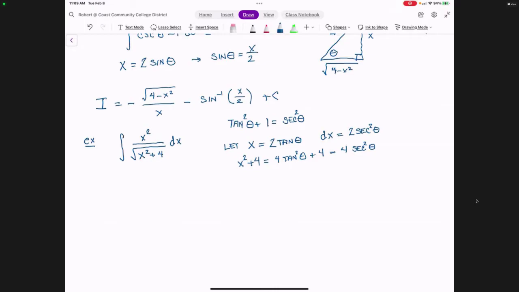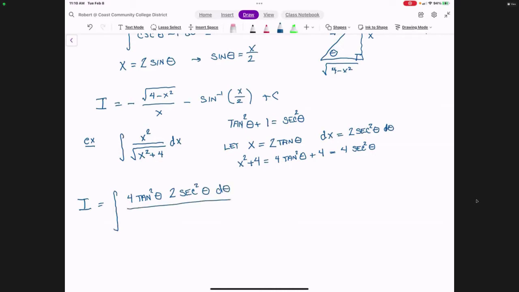So we shove all of this stuff in, and our integral becomes, let's see, x squared is going to be 4 tan squared of theta. The dx is the 2 secant squared of theta d theta.